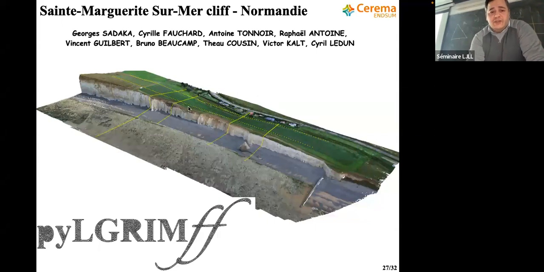So here we have the cliff of Sainte-Marguerite-sur-Mer. It's in Normandy. They have a drone to take photos, and from the photos we use Metashape in order to generate the XYZ points.